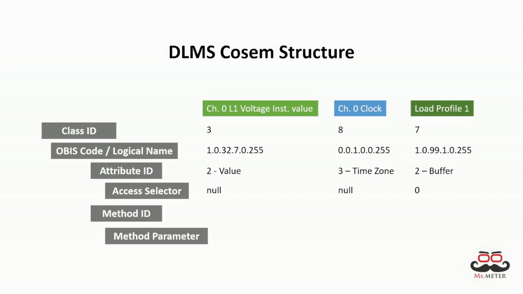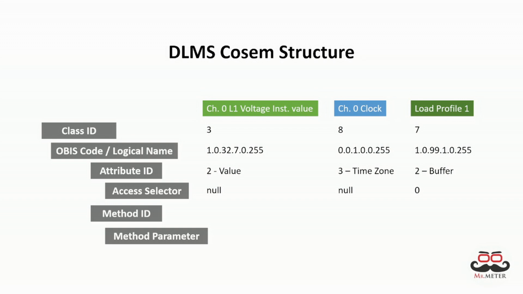Okay, the next one is the access selector. The access selector is used when you want to, for example, get data from that attribute, and the data can have different types of buffers to go back.